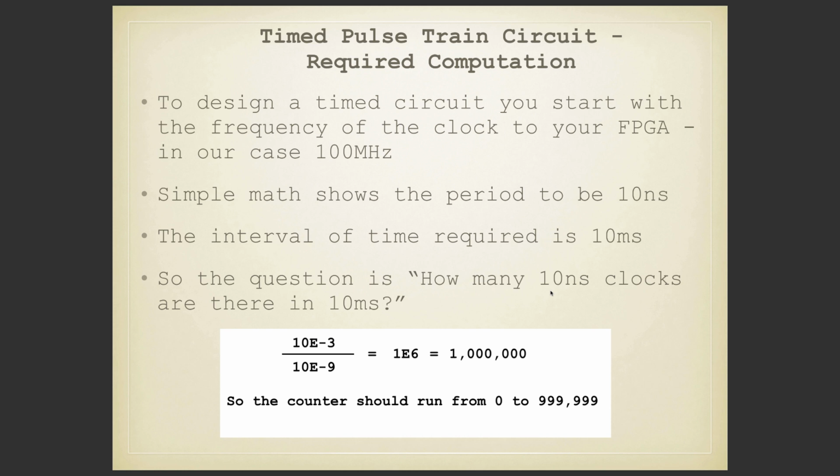So when we do the math, 10e-3 divided by 10e-9 gives us 1e6. So we see that our counter needs to count 1 million 10 nanosecond pulses to give us a 10 millisecond period. So our counter should run from 0 to 999,999.